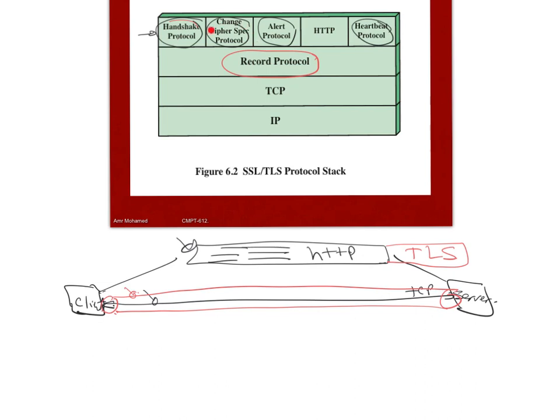The change cipher spec is a very, very primitive protocol. It's not even a protocol, it's just one single message that says we instantiated a cipher spec, so now we can use this cipher spec for this particular connection or connections. For the upcoming connections, we are going to use that particular cipher spec. So change cipher spec means that we have now created a new cipher spec based on user authentication and key exchange.